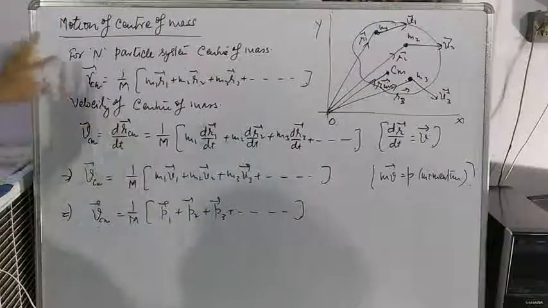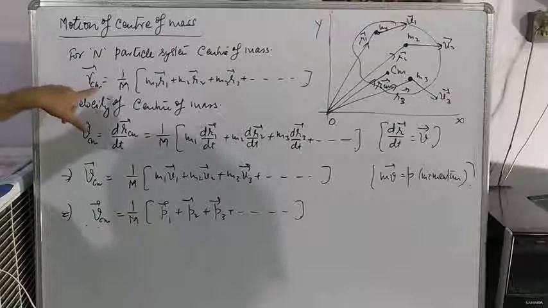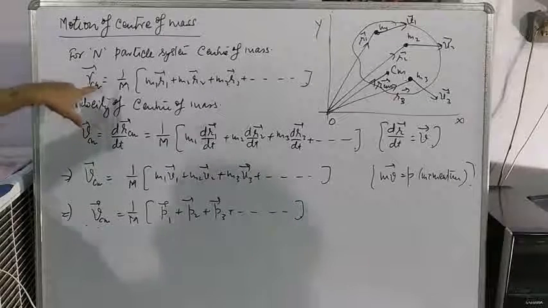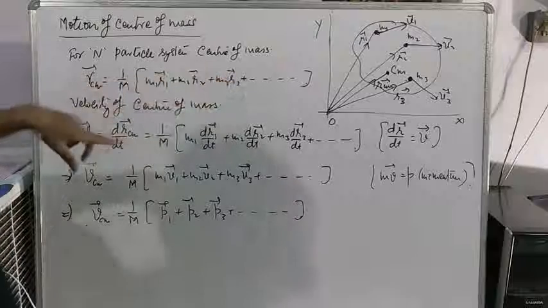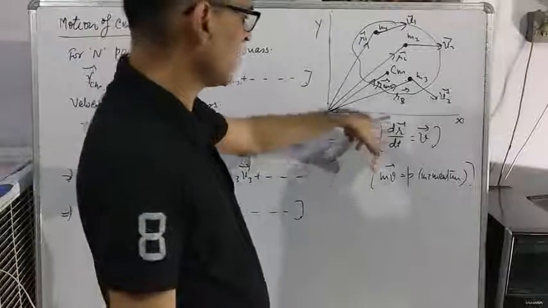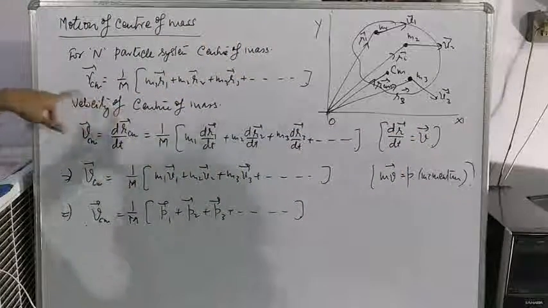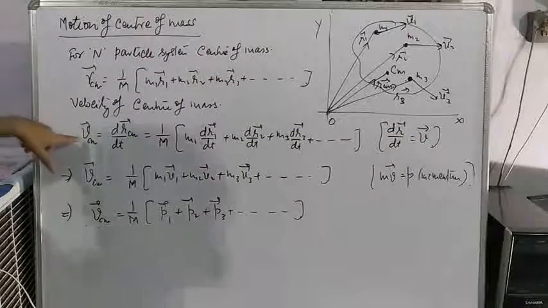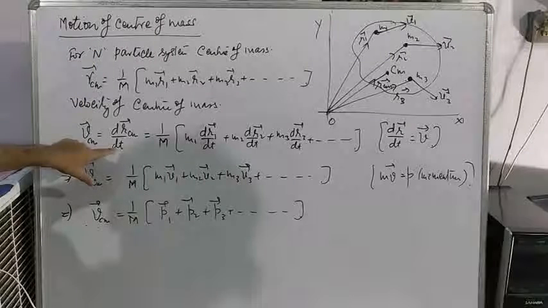In the previous video you have seen that the center of mass for a body of n particles is given by this formula. You also know that the rate of change of displacement is called velocity. Then to find the velocity of center of mass, you have to differentiate this equation with respect to time.